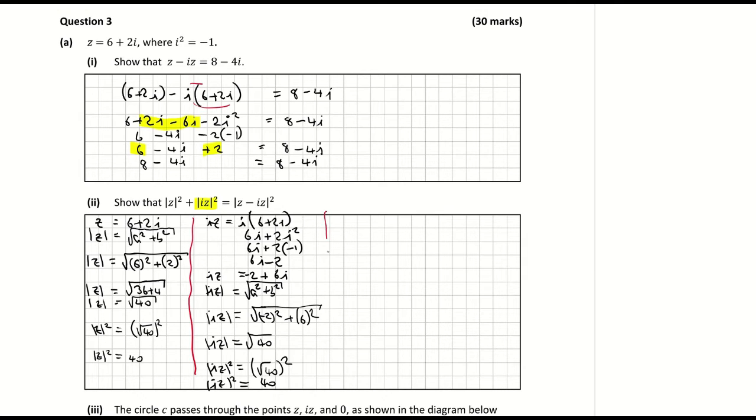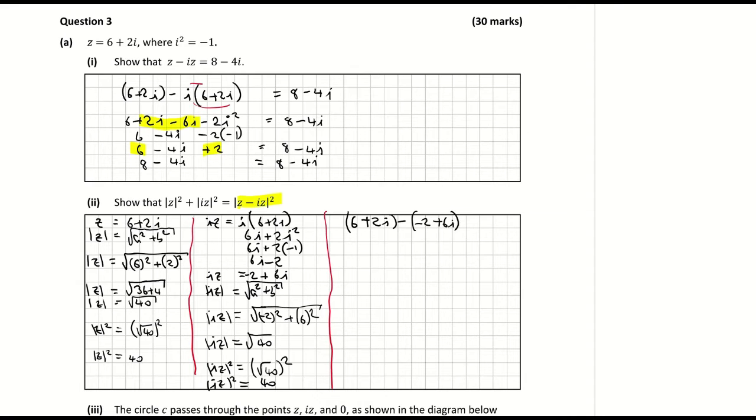Now let's come over and do the third one. The modulus of z minus i times z, all to be squared. So filling it in, we have z, which is 6 plus 2i. I'm then subtracting i times z. Well, we have that from part 2, which is minus 2 plus 6i.